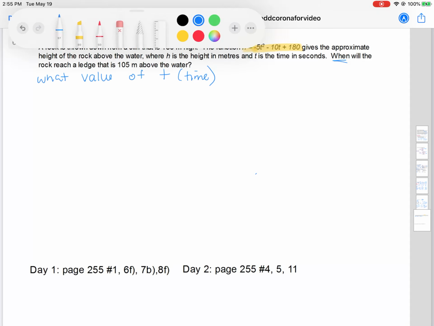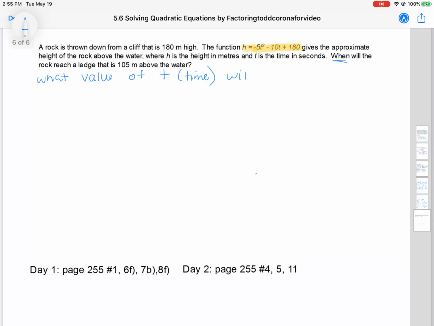What value of t will give a height of 105? That's what the question's basically asking us. So that means we're going to set h equal to 105 and solve for t, which is like our x.